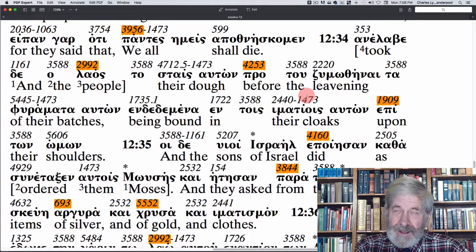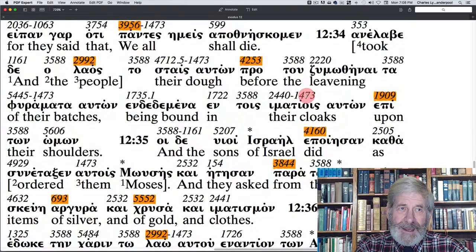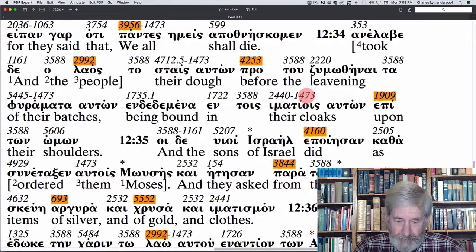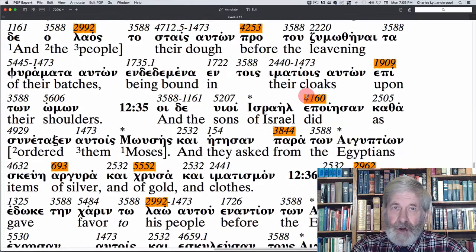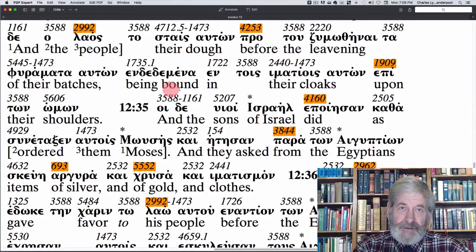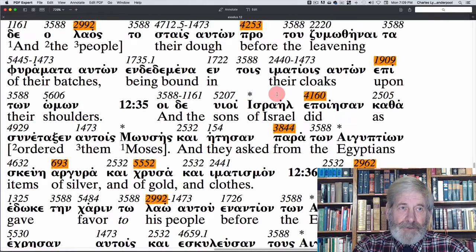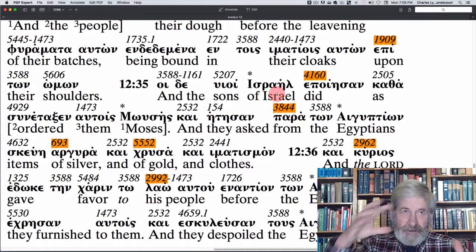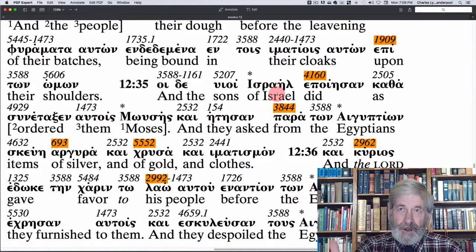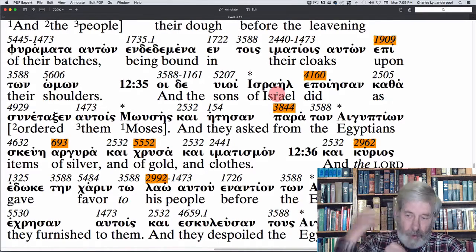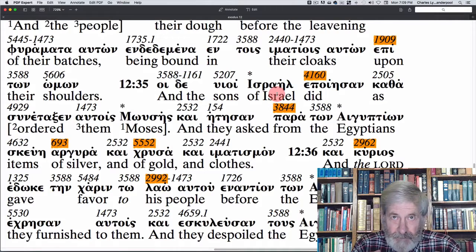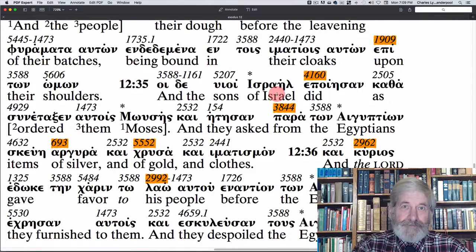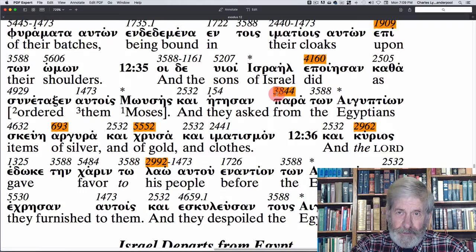I don't know how they got the leavening later, but they took the dough of their batches and put them in some type of a cloth, linen, and carried them with them, or put them on carts, it doesn't say, but it says being bound in their cloaks upon their shoulders. So here the dough is all in some type of a cloak or a cloth over their shoulders, and some of them are walking with all this dough. Lots of people, we'll find out.